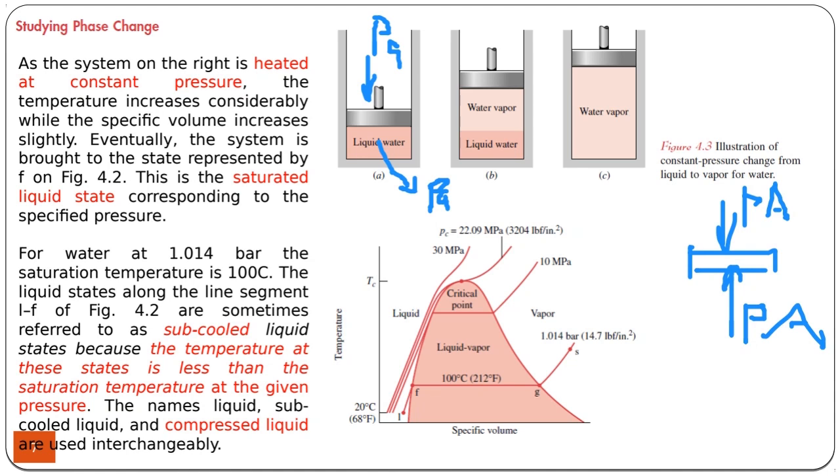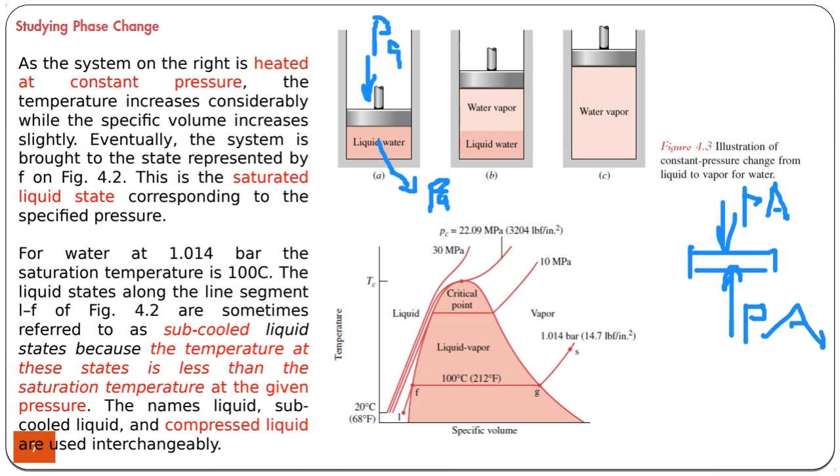So it means that, for instance, we are here. So at the point 1, the water has a temperature of 20, and the pressure is atmospheric pressure. As we heat it up, suppose that we provide heat to this cylinder.